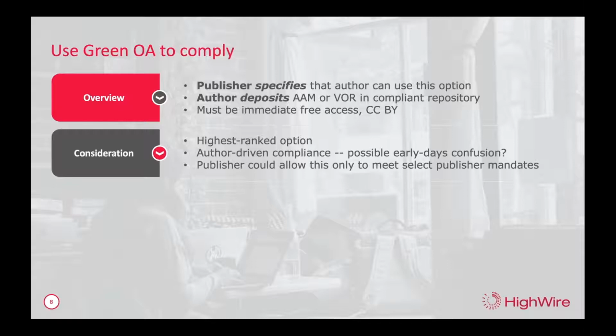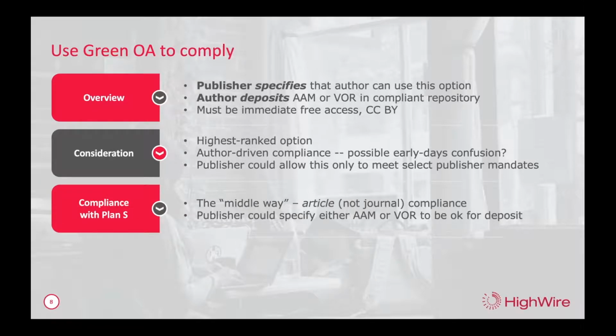Now, as happened with the early days of PubMed Central, confusion might arise about which article version, who, when, where, and how to deposit. And we think that we're much smarter now. We've learned from PubMed Central about how to avoid some of this, but probably some of it's just going to happen.